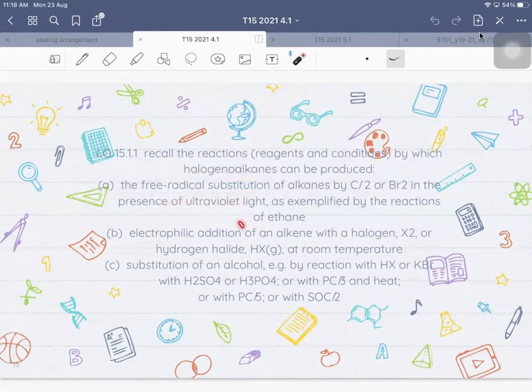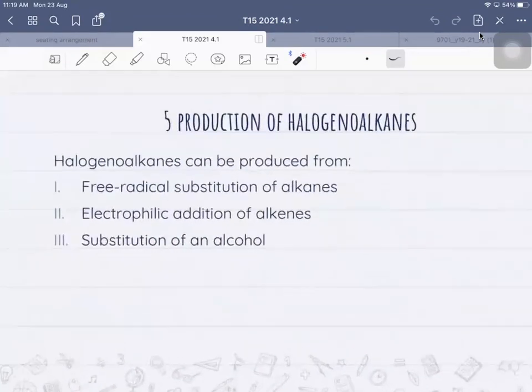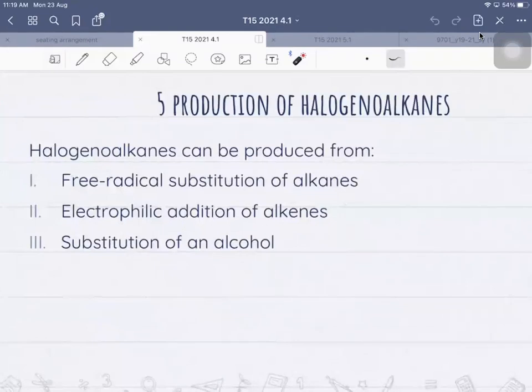They can also be produced from the electrophilic addition of alkenes. You've also seen this reaction. And the last one is something that you have not seen, which is the only thing new for you: substitution of an alcohol. So these are the 3 types of reactions that can be used to produce halogenoalkanes.